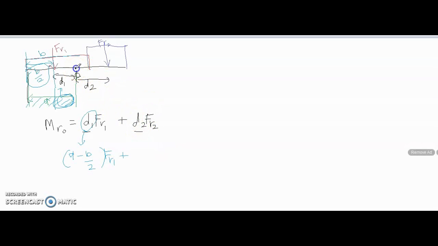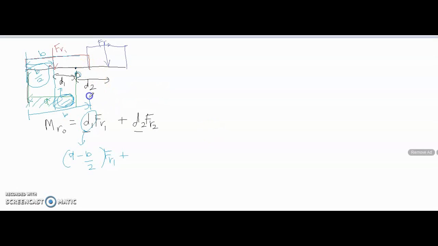I have to find D2 from the point O here. From here to here is B, right?